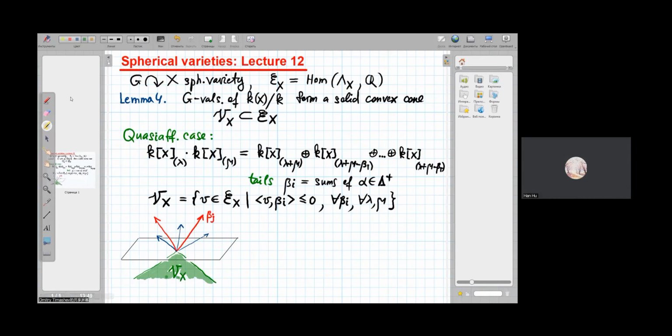And by the way, you see from this description that the cone V sub X is indeed a solid cone, that is, a cone of full dimension. Why is it of full dimension? This is because the convex cone spanned by positive roots is pointed. This means that it contains no line.